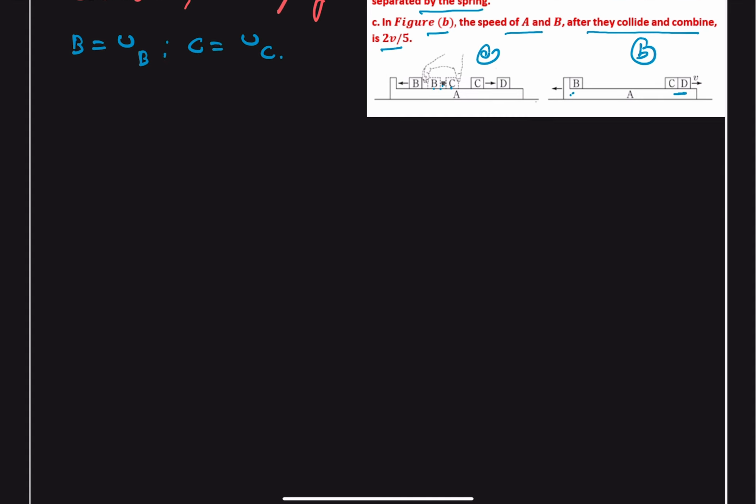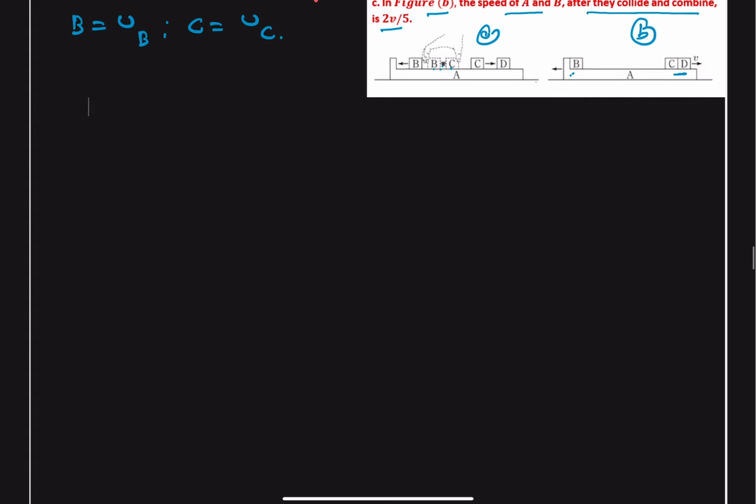Therefore, the momentum of B will be equal to its mass 2m multiplied by Vb, and momentum of C, its mass is m, multiplied by Vc.